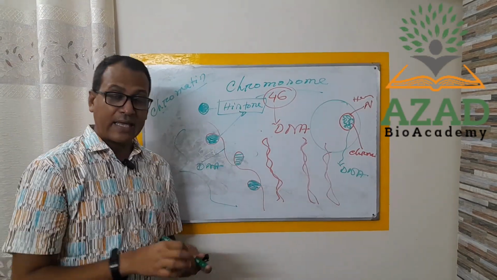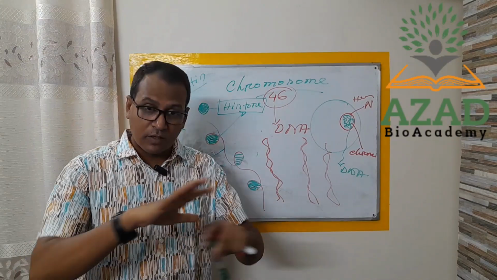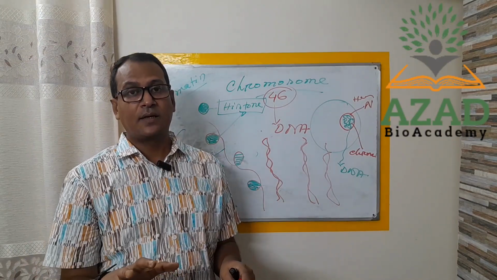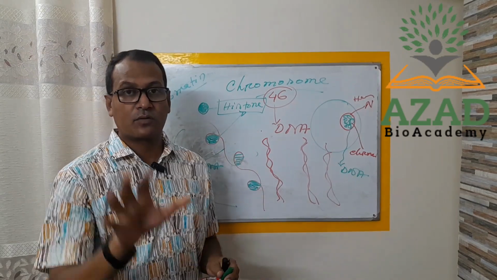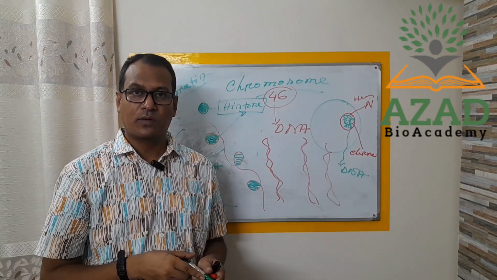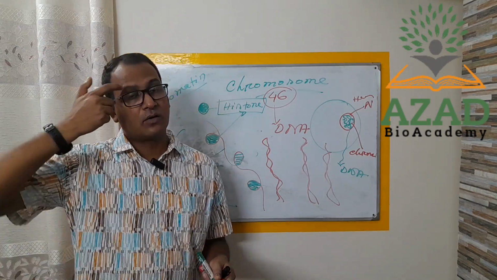In chromatin form, normally within your cell, DNA is present, not chromosome. Chromosome is not structurally visible during the normal state.